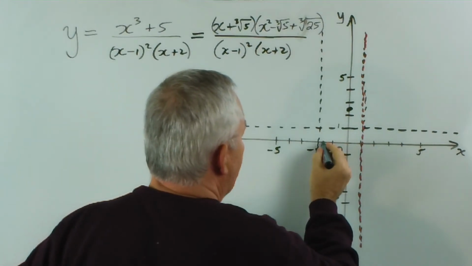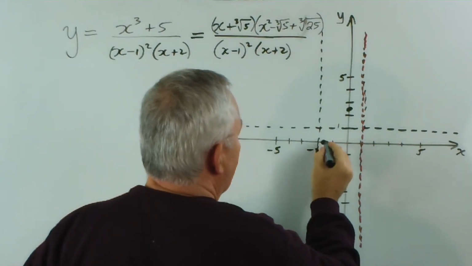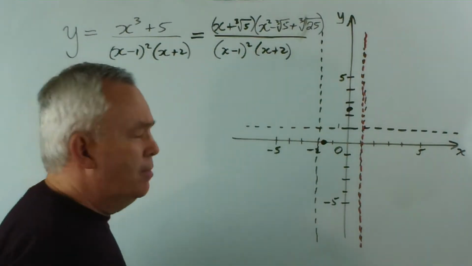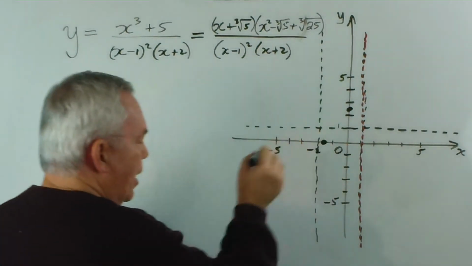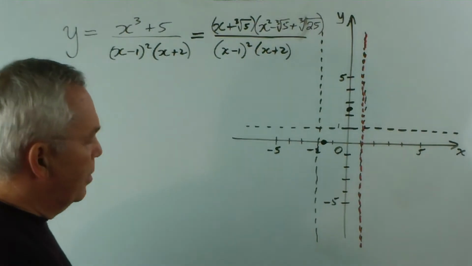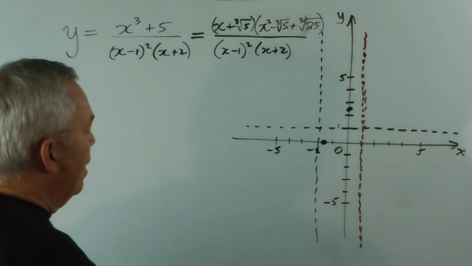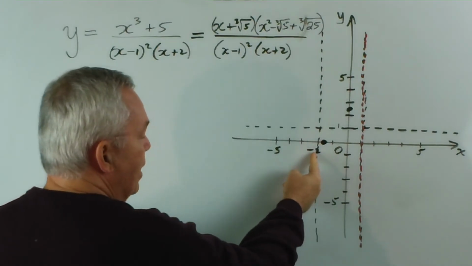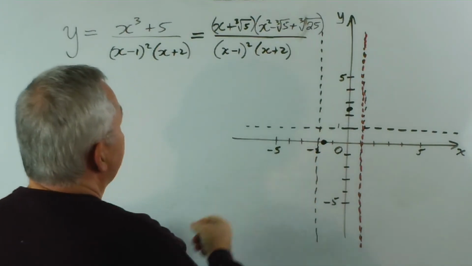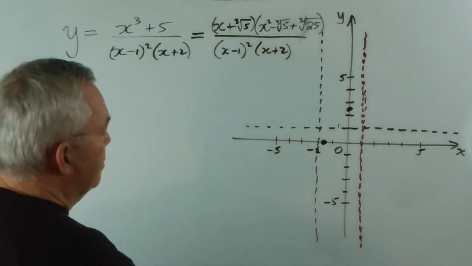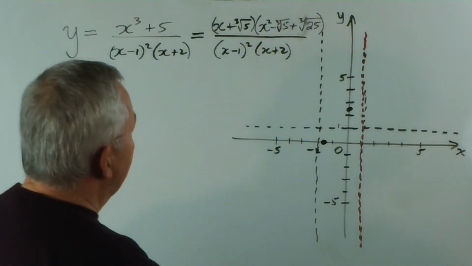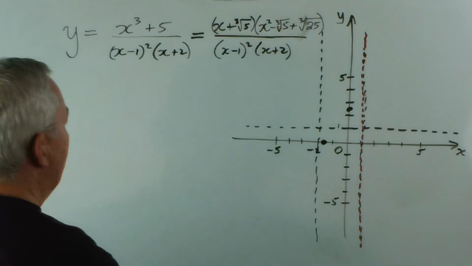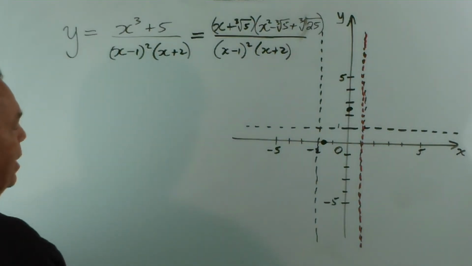I'm just making a little bit of an estimate. We could write it in as minus cube root of 5. You could find it on your calculator. The reason I know it's less than minus 2 is minus 2 cubed is minus 8. Okay, so we've got our intercepts.